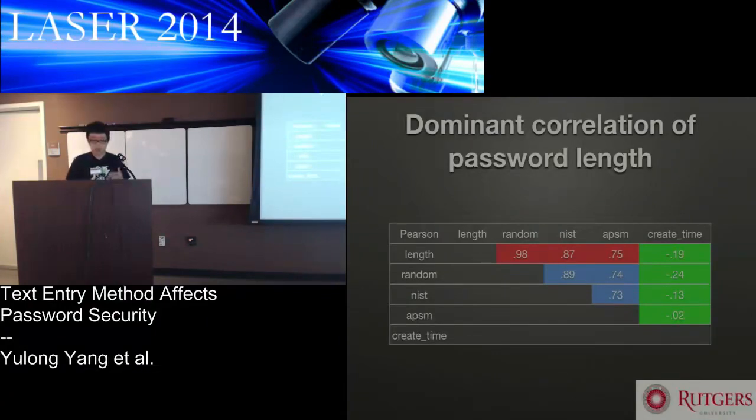So we think one possible reason that we get similar scores across the groups, even when we have different password structure across the groups, is probably because the security metrics we used are not accurate enough to reflect the true security given one single password.